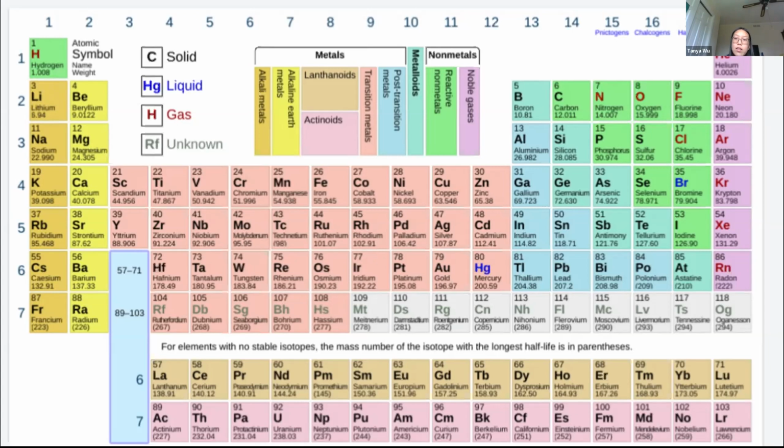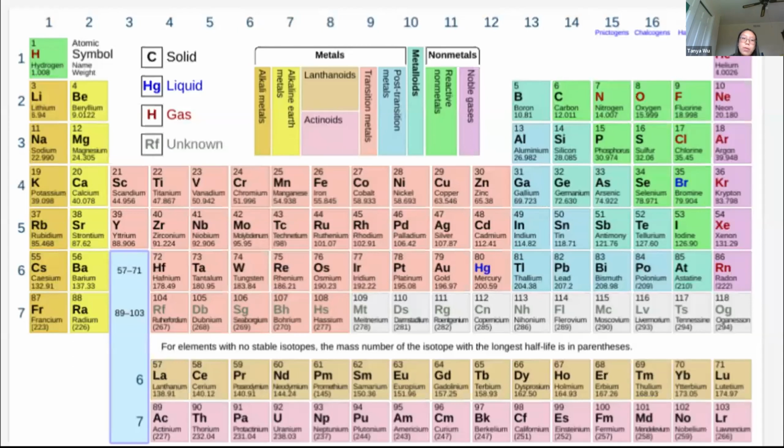Not all hydrogens have 1 proton. Some of them have 1 proton and 1 neutron, and that's called deuterium. Some of them have 1 proton and 2 neutrons, and that's called tritium, I think. So they will have different atomic weights, but for the most part, the properties are the same because the number of protons and electrons stay the same.